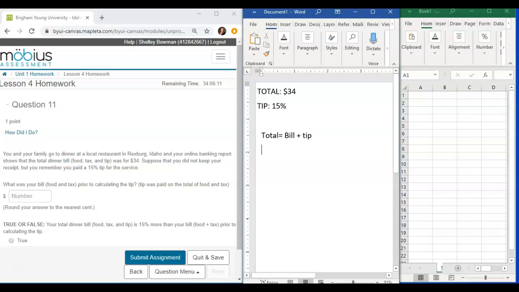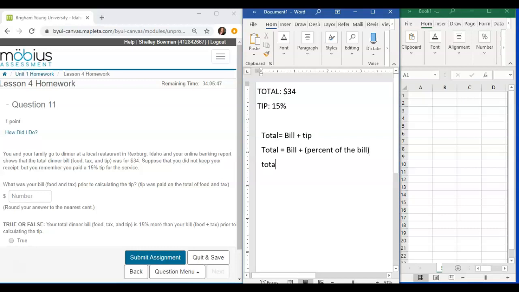When we do a translation, I'm just going to put this up here. Again, total equals the bill plus the tip. And for the tip, I'm going to say that it was a percent of the bill. Now, we're going to translate that from English into a math sentence.